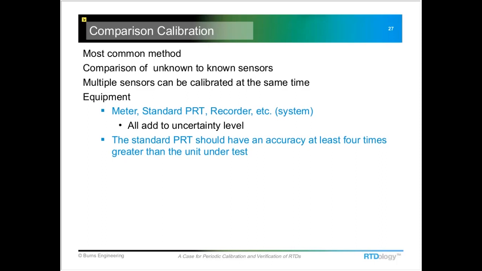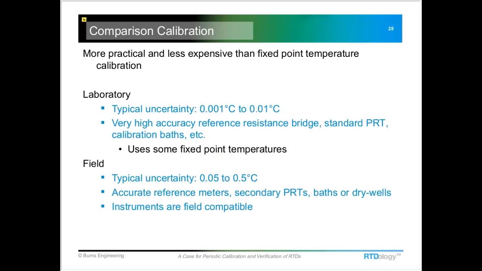And when you're doing either the verification or a full calibration, the standards require that whatever you're comparing your sensor to should have an accuracy of at least 4 times greater than the unit you're trying to evaluate. A lot of labs will go 10 times.